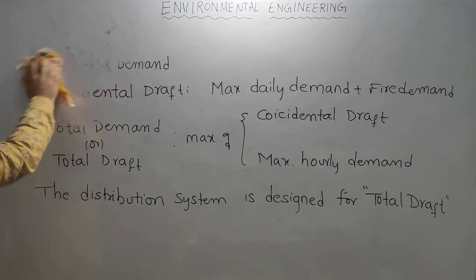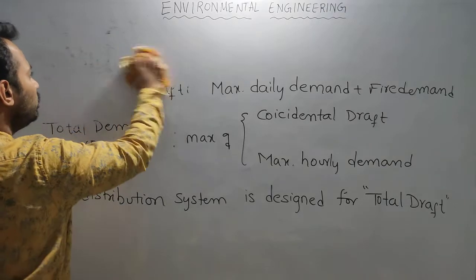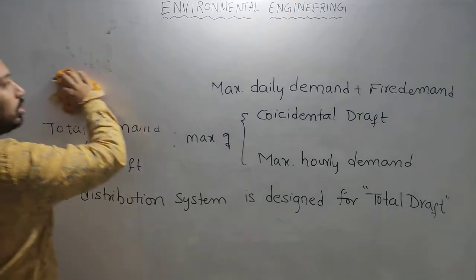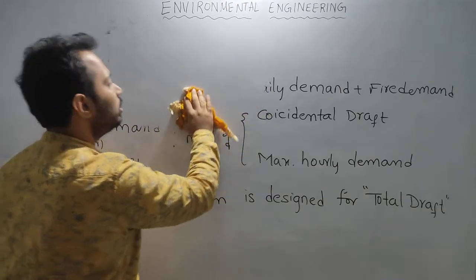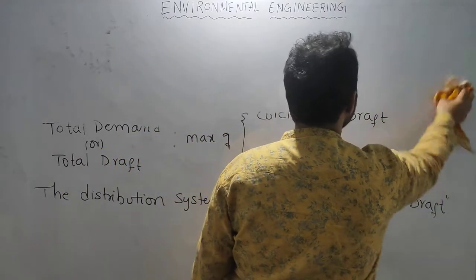Now we are going to the next topic, that is what are the different types of sources. In the first topic we have learned the source sufficiency, the water demand: how much water is needed for a community.